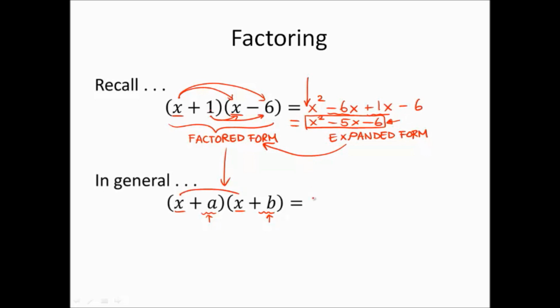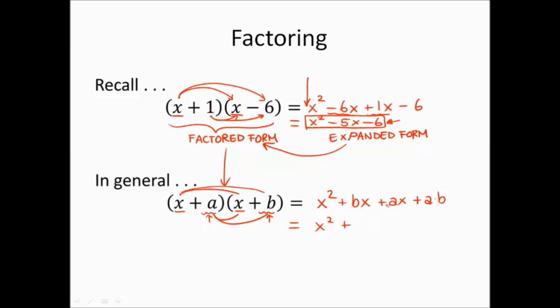We get x times x, x squared. X times b plus bx. A times x gives us plus ax. And our last term is a times b. So notice when you put it together, you get x squared plus, and I'm just going to combine these.